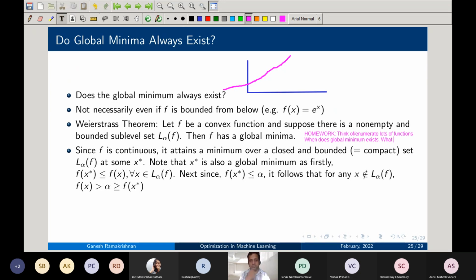And then also try and realize the Weierstrass theorem. What does it mean to have, for a convex function, a non-empty bounded sublevel set?